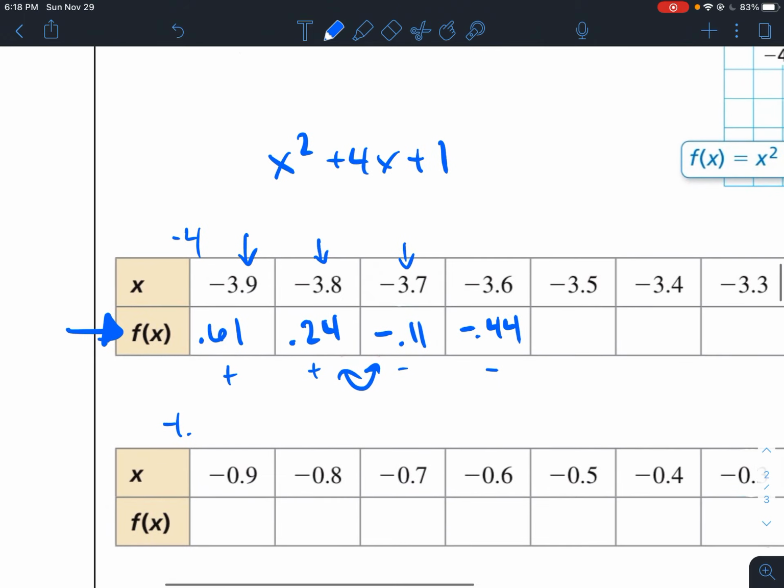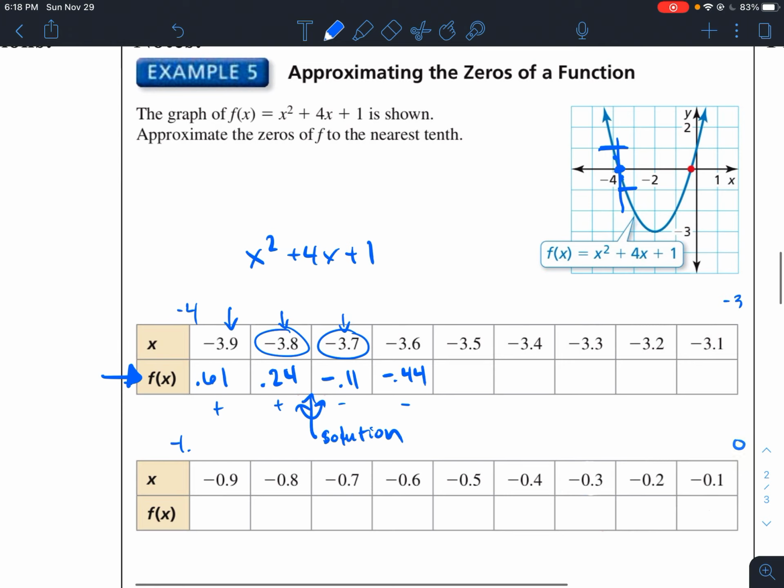So my solution is somewhere between negative 3.8 and negative 3.7. Okay? So basically I can approximate the solution here, I know that x is equivalent to about negative 3.7. That's an approximation. It's not for sure, but it's pretty close.